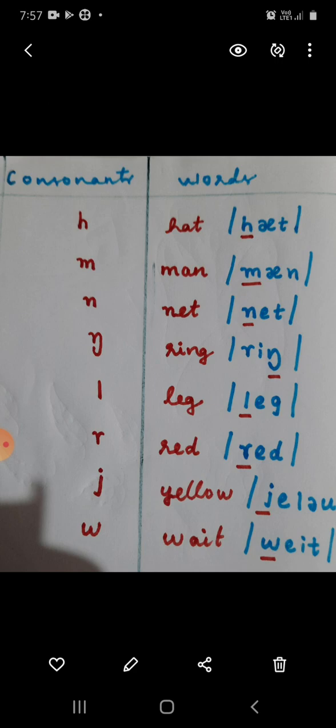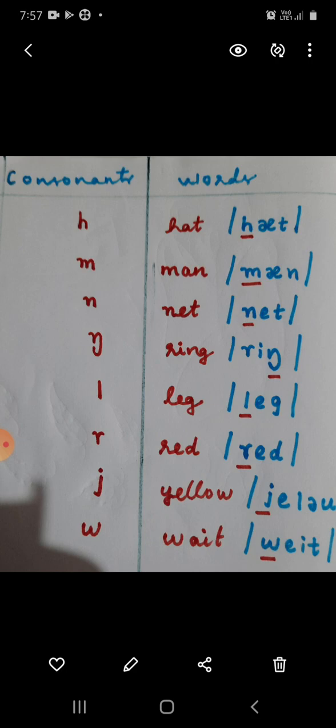In the last few classes, we were dealing with the sound system of English, that is, vowels, diphthongs, and consonants. And today we'll be putting an end to the sound system of English, that is consonants.